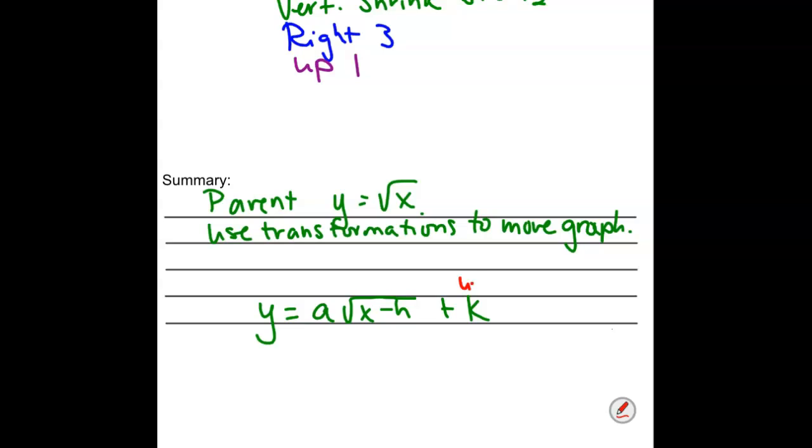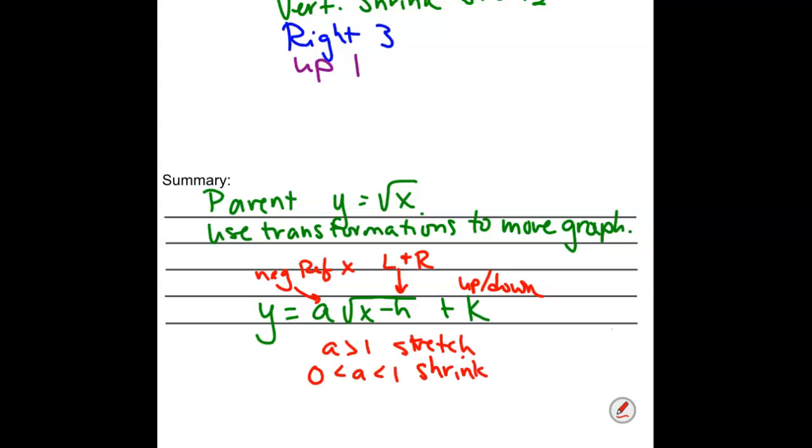This is our up and down. Our h value here is left and right kind of shifts. Our a value, if it is negative, it means reflecting over x. If it is bigger than 1, it means a stretch. And if it is between 0 and 1, it is a shrink. All right. And then again, domain comes from your endpoint. Okay, let me know if you have any questions.